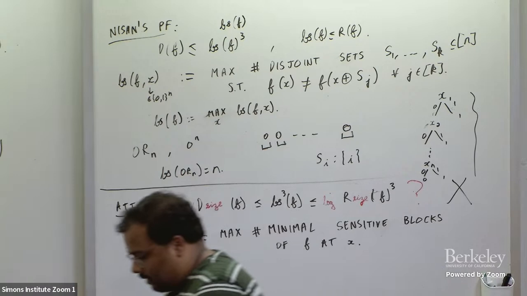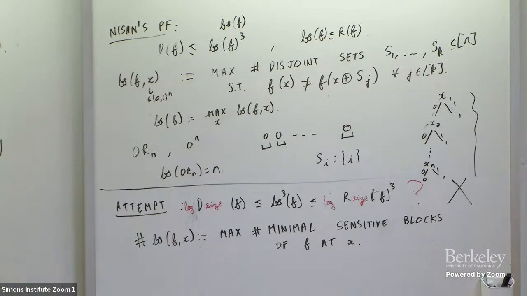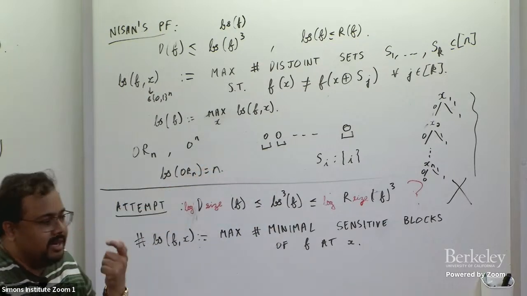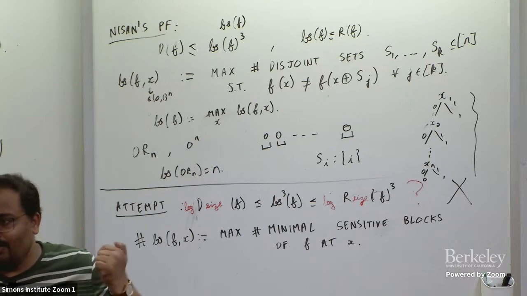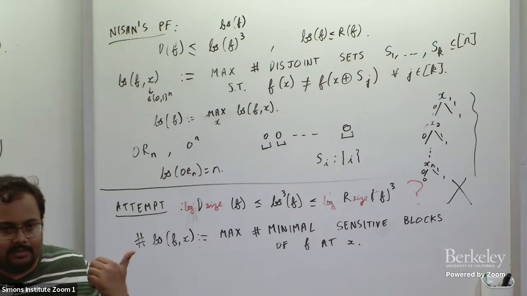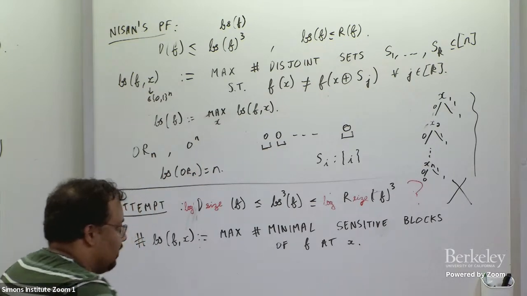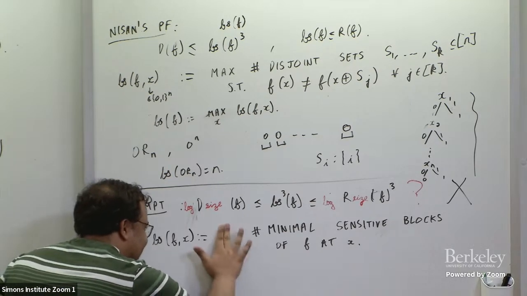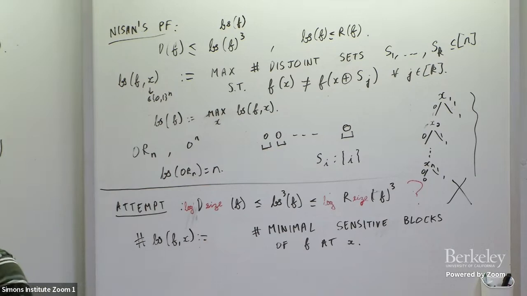Block number is the maximum number of minimal sensitive blocks of f at x. So in the OR function, if I'm looking for minimal blocks, there's only n of them, because all of the singletons are minimal. Maximum of what? Sorry, you're right. I just mean the number of minimal sensitive blocks.